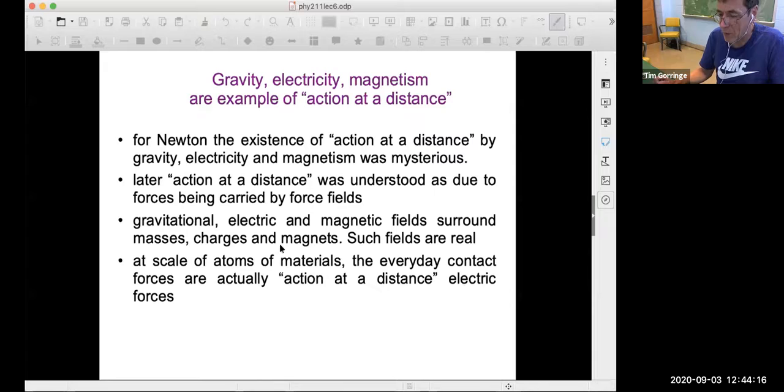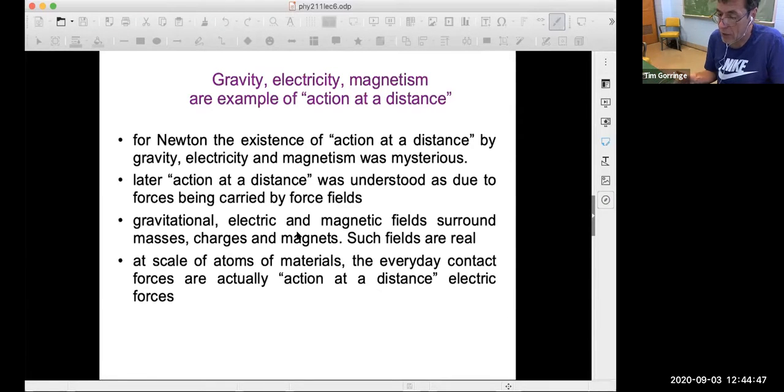And what's interesting is that if you were to shrink down to the scale of the atoms and molecules of the materials in our everyday lives, those everyday contact forces, like me pulling on the handle of the door or me kicking the football, are actually, at the atomic molecular level, action-at-a-distance electric forces.